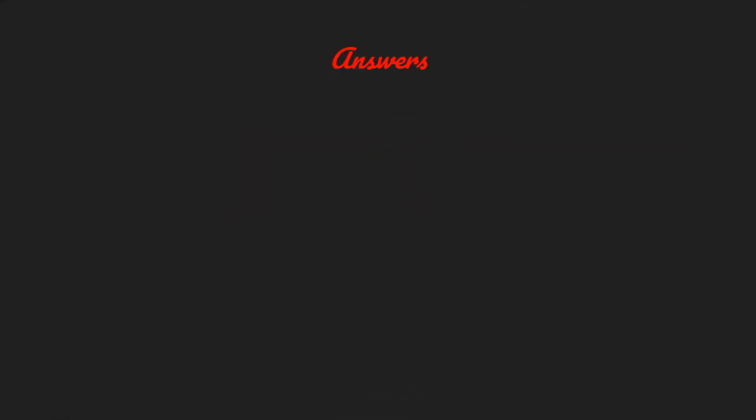Here are the answers to these one word questions. Aadhaar card. Number 1 is the Aadhaar card which identifies that we are the citizens of India. Number 2 is the voter ID card to cast the vote. This voter ID card is required.